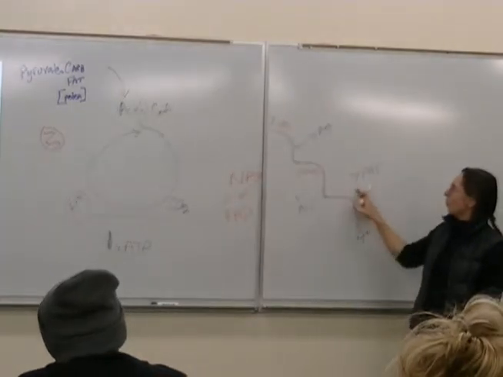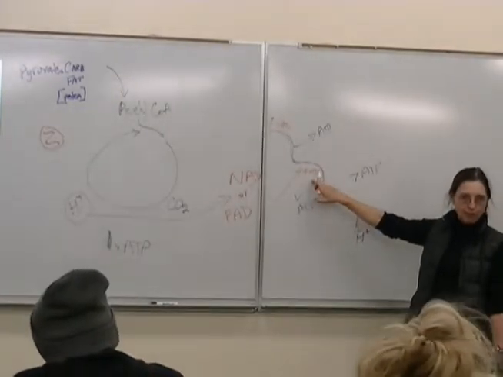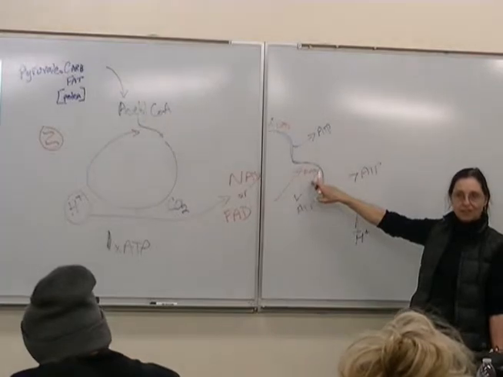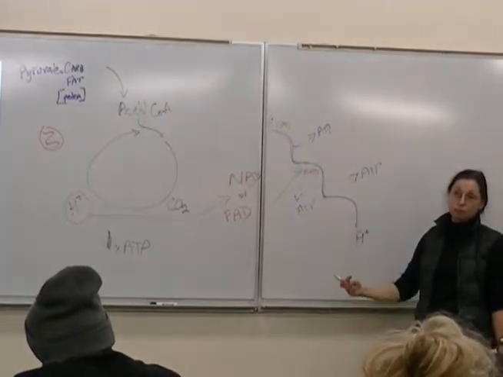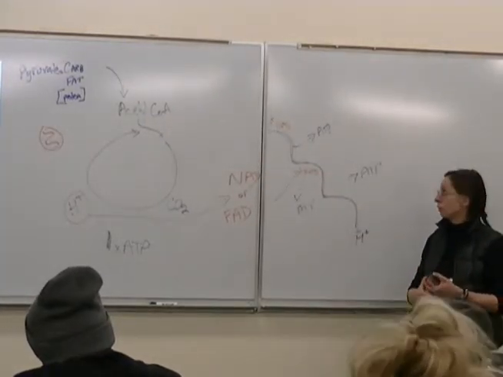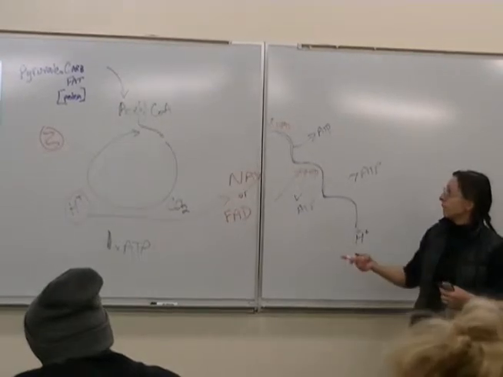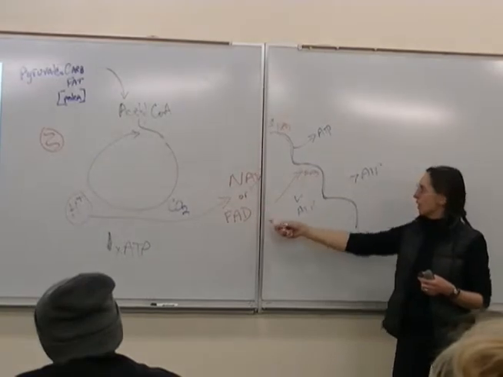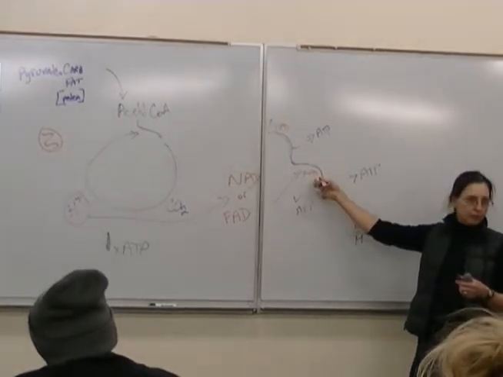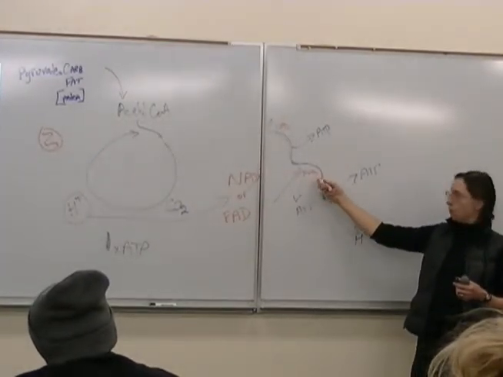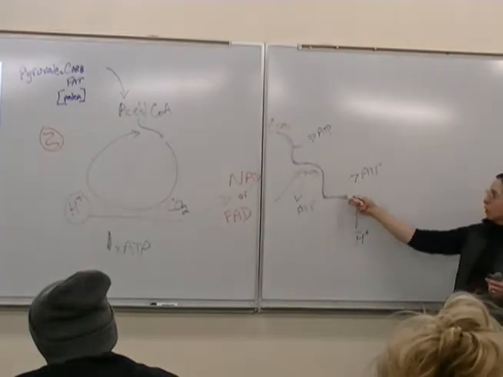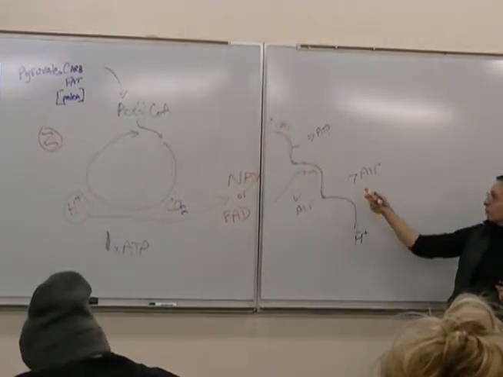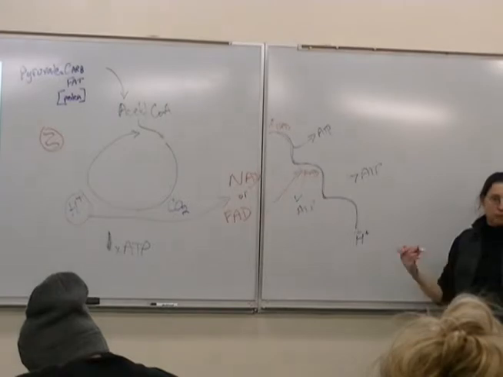So we don't get quite as much ATP if FAD is the bus that picks up the hydrogen. Either of those can be the bus, either of them can pick up the hydrogen. They're both going to take it to the electron transport, and the hydrogen going through the electron transport generates lots of ATP.